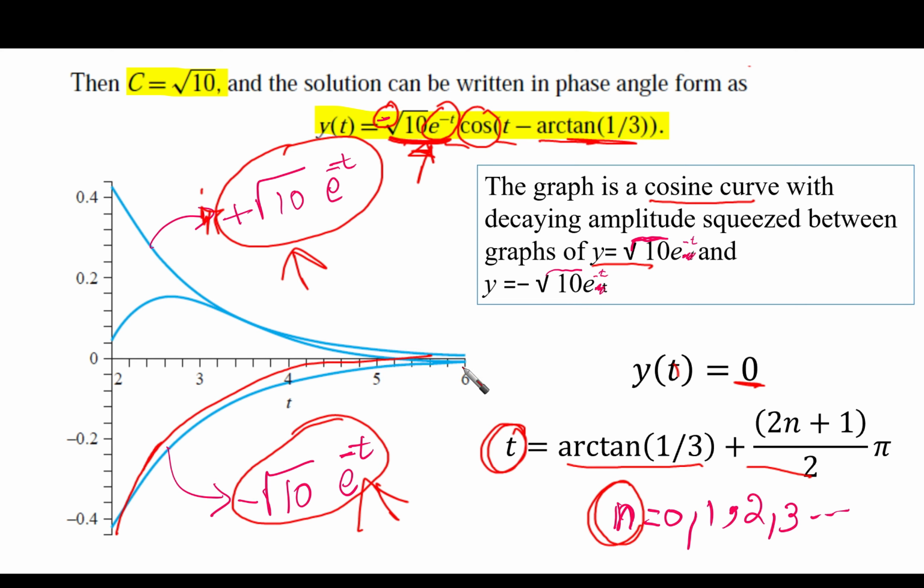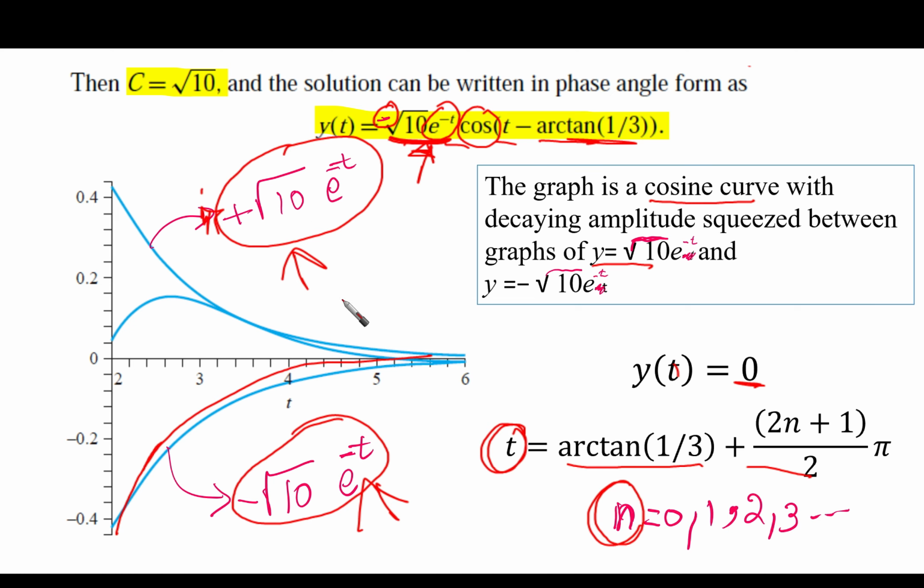Anyway, do not worry about this. If we are talking about this equation, you will find that we have a cosine curve enveloped by the decaying terms, which are the exponential terms.